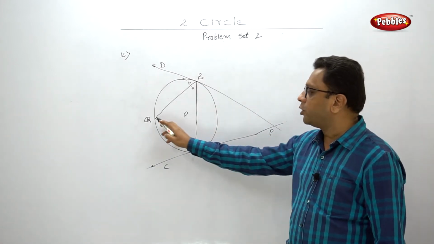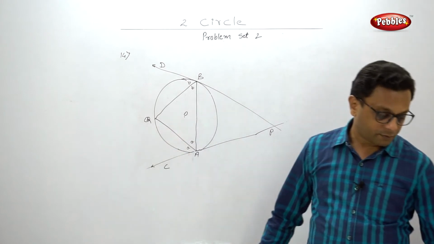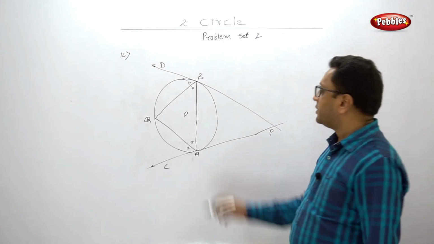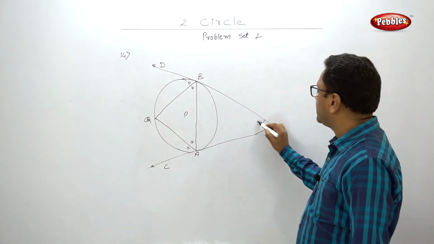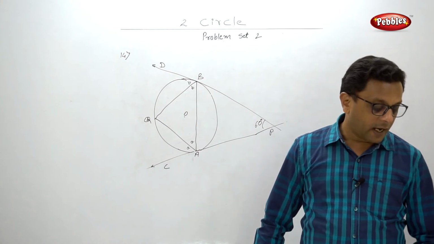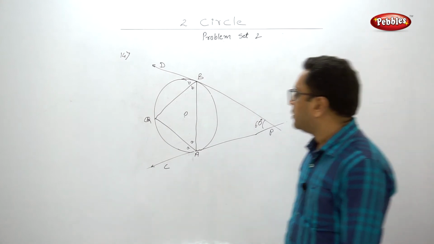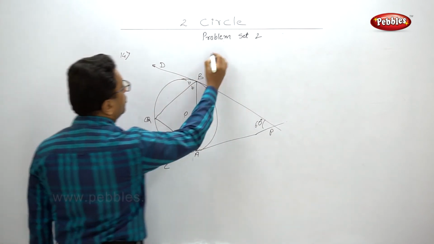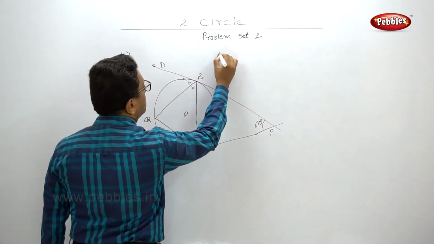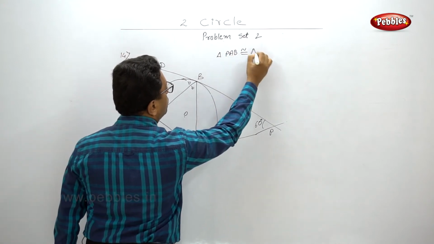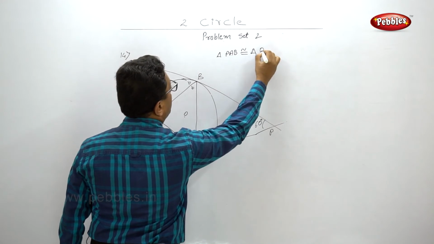They meet at point Q. Now they are given if APB is 60 degrees, prove that angle PAB and QAB are congruent. Triangle PAB is congruent to triangle QAB.